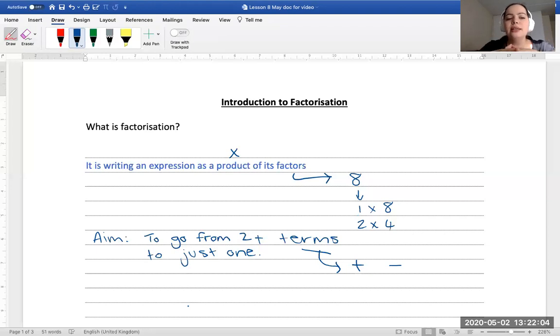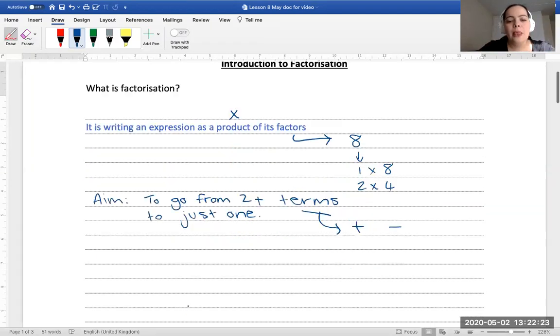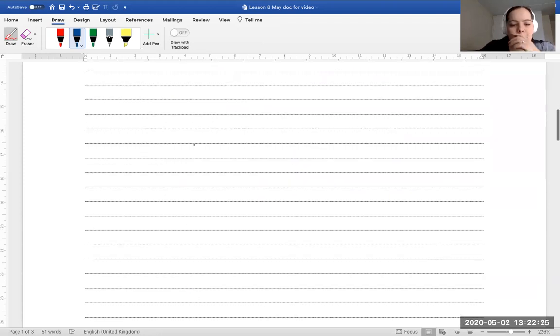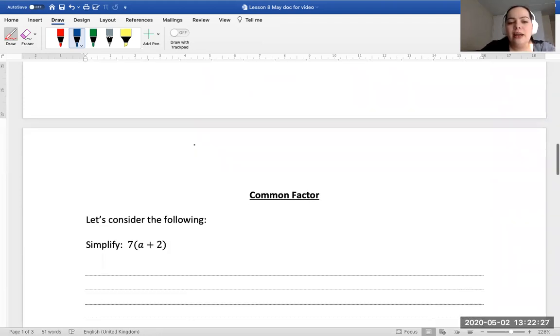What I do need you to understand is that we're going to be dealing with factors, and factors are things that when multiplied together will give us our original term. For example, when we factorized 8, we said 1 times 8 or 2 times 4 because 2, 4, 1, and 8 are all factors of 8. And we need to remember product is times. Let's keep that in the back of our heads while we carry on.